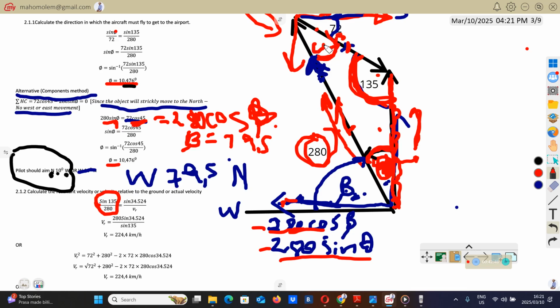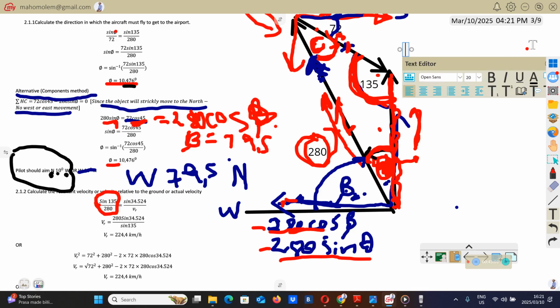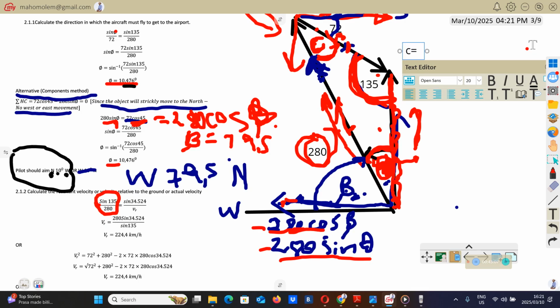So let's find this angle. Let's say it's angle C. To find angle C, you are going to say angle C will be the sum of angles of a triangle. So angle C will be equal to 180 minus 135 minus 10.47.